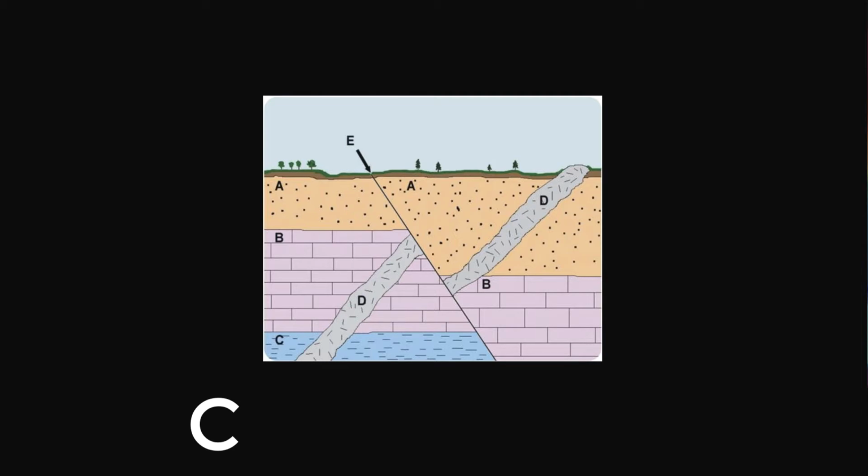Sitting directly above C is layer B. So layer B would be the second oldest unit in the example. Then we have layer A. So layers C, B, and A represent a sequence that were all deposited one after the other, beginning with C and ending with A. Now, after the sequence of C, B, A were deposited, we have some interruptions going on to the area.